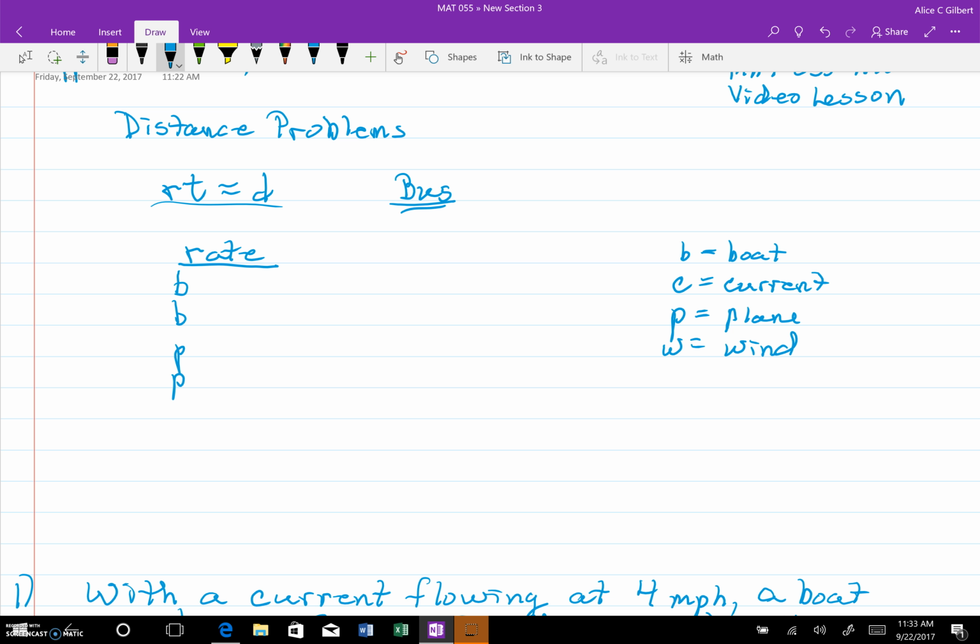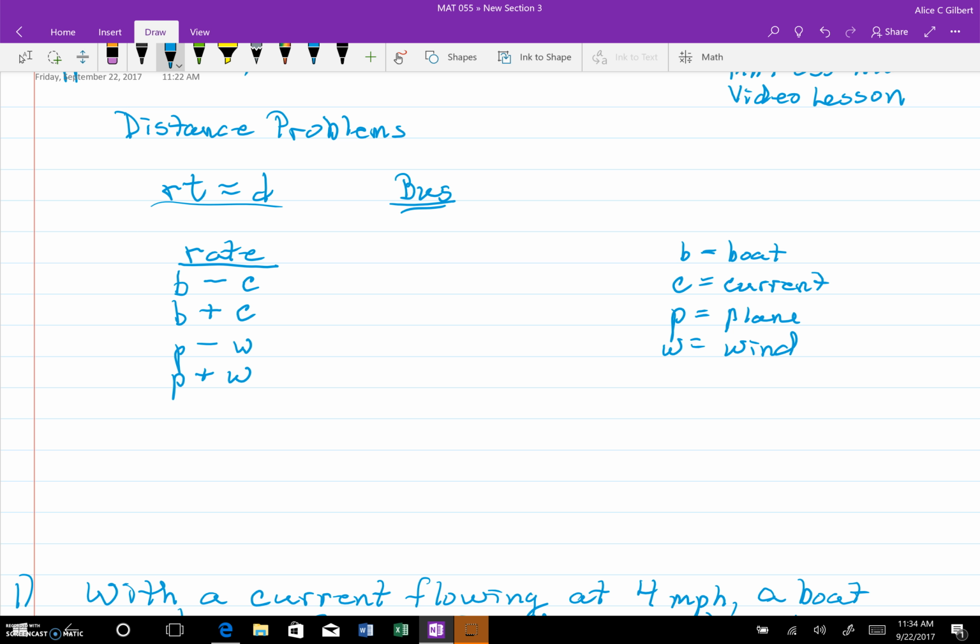So when we do this, the speed of the boat or the speed of the plane must always come first. Then we will add or subtract. If it's the boat, the speed of the current. If it's the plane, the speed of the wind. Okay, and that is our actual speed, our rate.